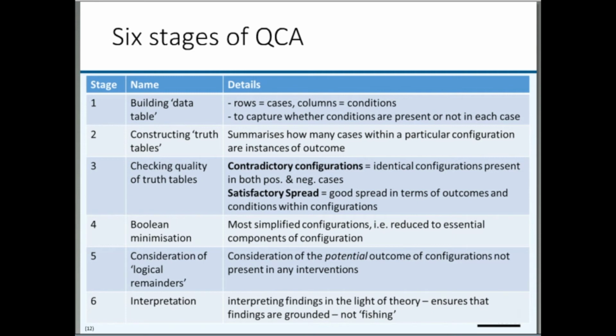So this is where our set theory is coming in. We're looking to see whether our set of cases with a successful outcome are represented in those configurations, or whether our set of studies with an unsuccessful outcome are represented there.